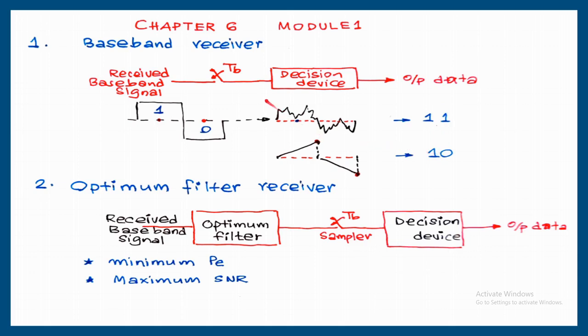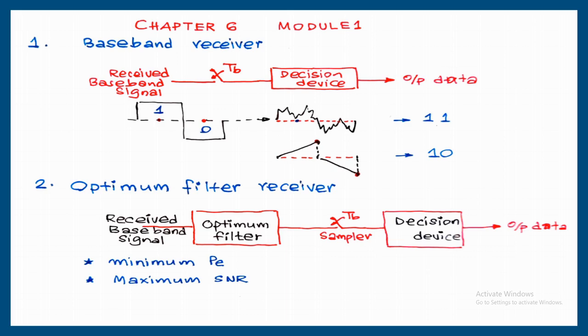So with some additional system, we are able to reduce error. That is what we are studying in this chapter. That is the meaning of optimum reception of digital signal: how the signal can be received with the minimum probability of error.